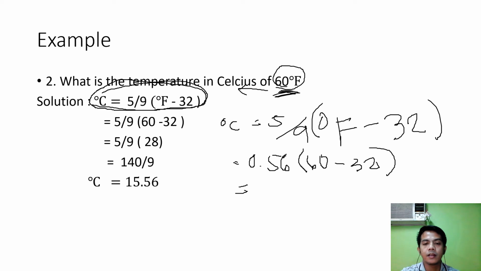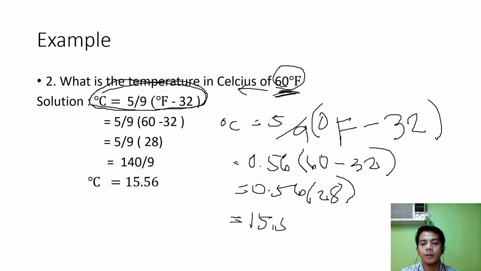Then 0.56 times 28 is equal to 15.5555, then rounded is equal to 15.6.